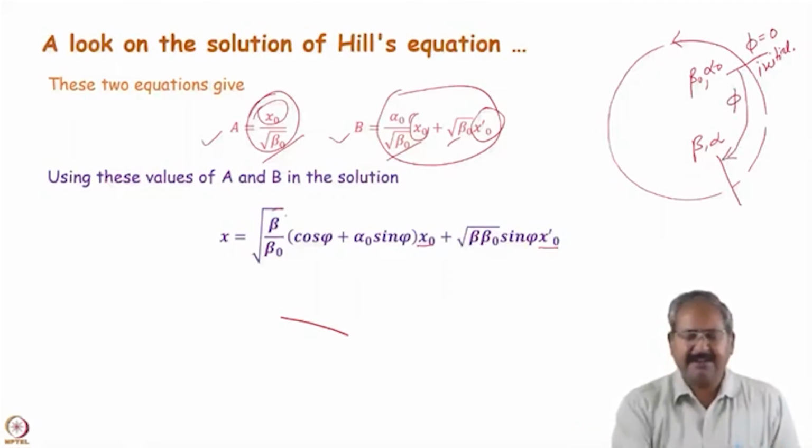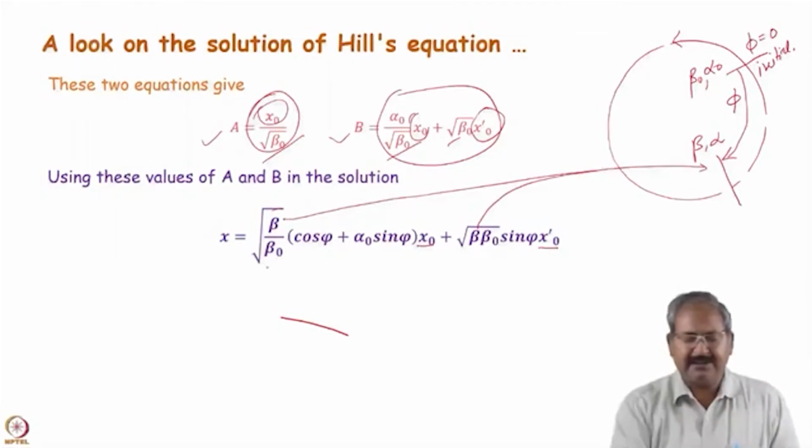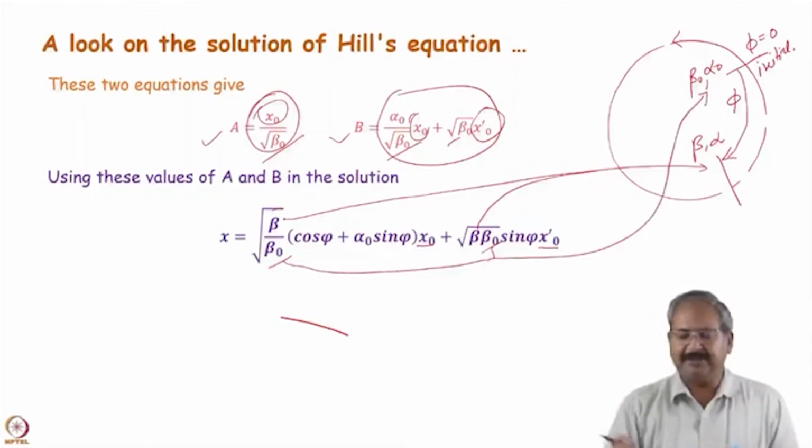So this beta and alpha are at this location, and this beta 0 and alpha 0 are the parameters at the initial point.